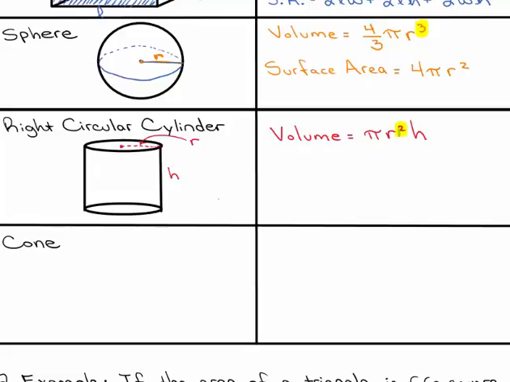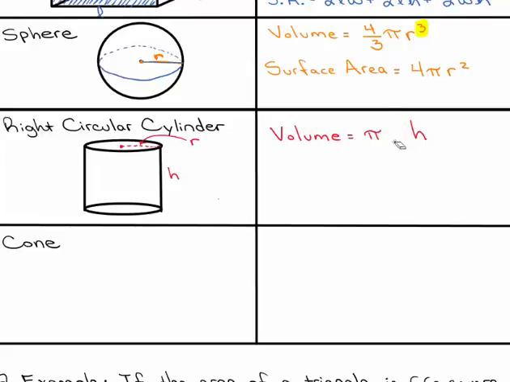Well, it's because this r squared is going to get multiplied with this h, and the units will then get cubed. Don't forget that this one is getting multiplied by an h, whereas the last one wasn't. All right, so it's okay. It's still cubic units for volume here, even though the r is only being squared.